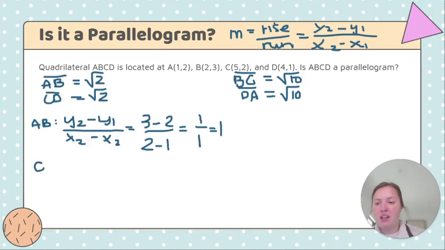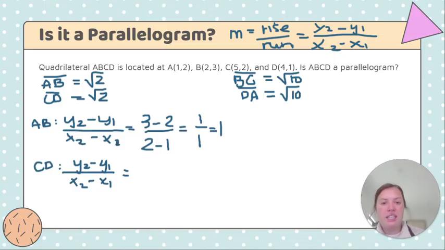If we have parallel sides, we want our slope of CD to be the same. So we have y2 minus y1 over x2 minus x1. For CD here, I'm going to have D be my second point.